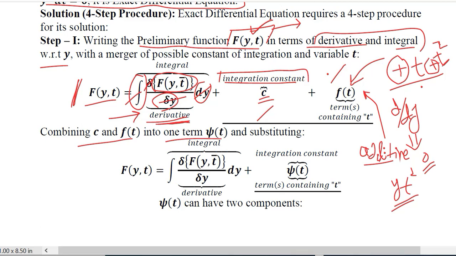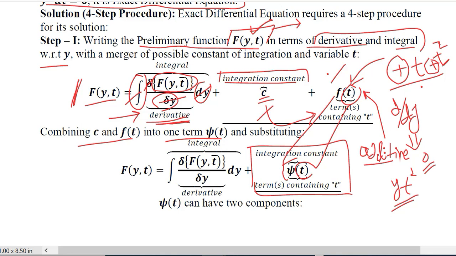Because c is a constant, even if I merge it into a function in terms of t, it will remain in terms of t. You can see both of them are in terms of t. However, we have used a different symbol for it, psi, the Greek letter. So instead of writing the constant of integration separately, we have combined it with the terms containing t, and now the expression is getting simplified.